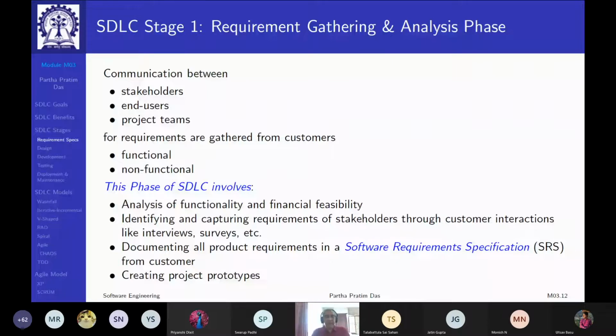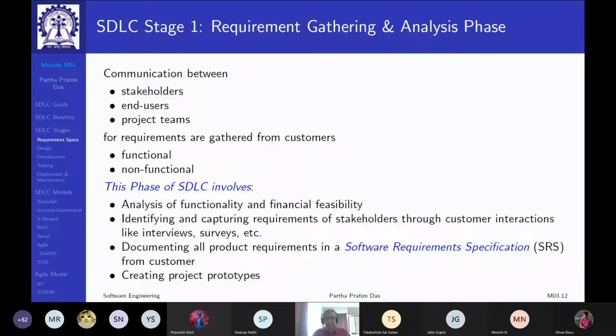And specifically, we would highlight the end users, whoever uses that. The end users may or may not be customers, and the project teams. Now, the requirements have to be gathered from the customer in 2 forms. One is functional, other is non-functional.